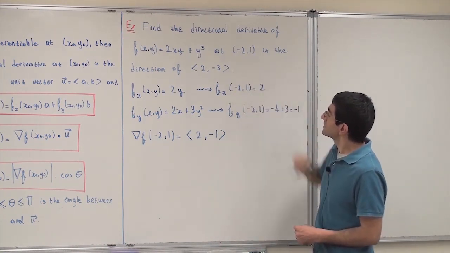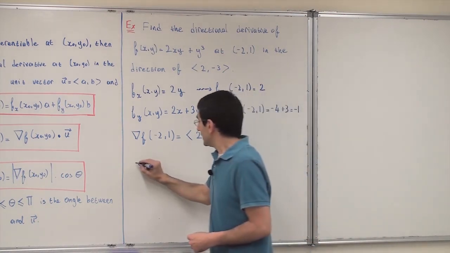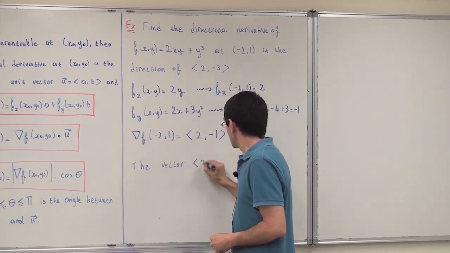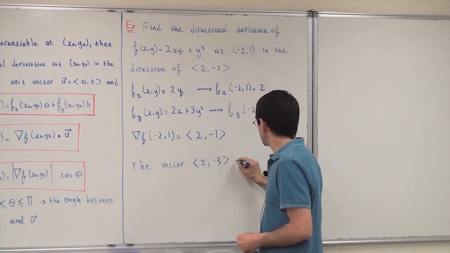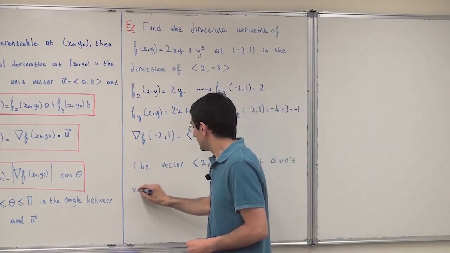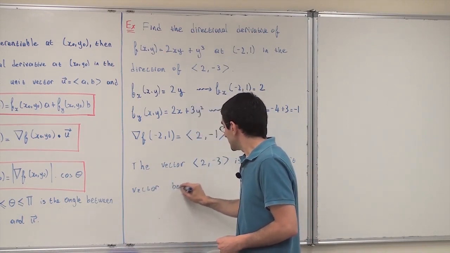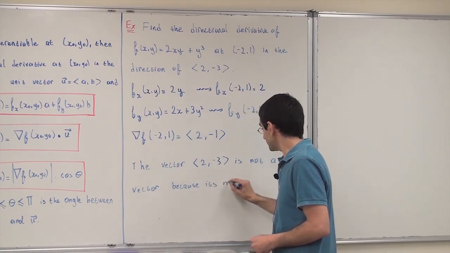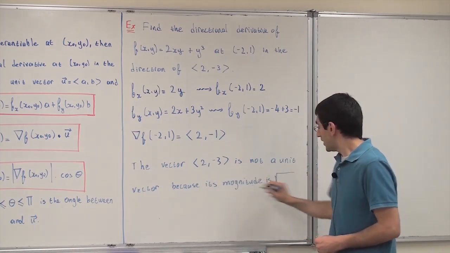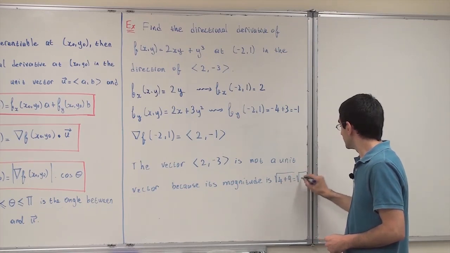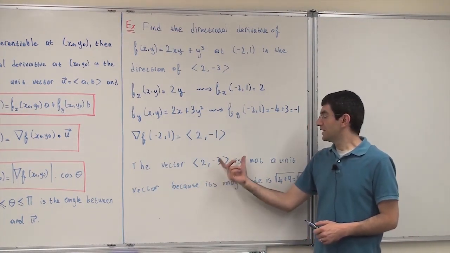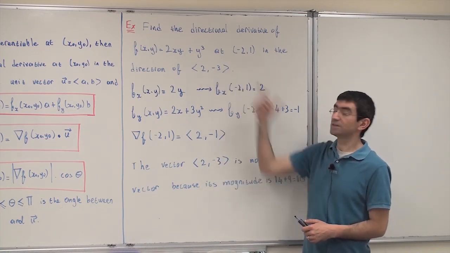Okay, next let's look at our vector. Now, the vector 2, negative 3 is not a unit vector because its magnitude is, as you see, root of 4 plus 9, which is root 13. So to calculate the directional derivative, I need to find a unit vector in the direction of the vector given in the question.